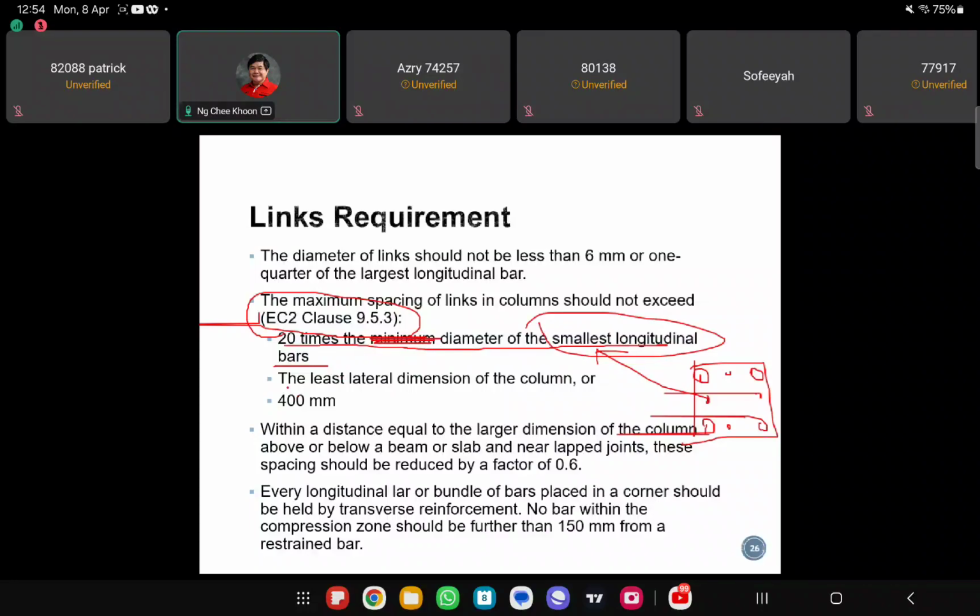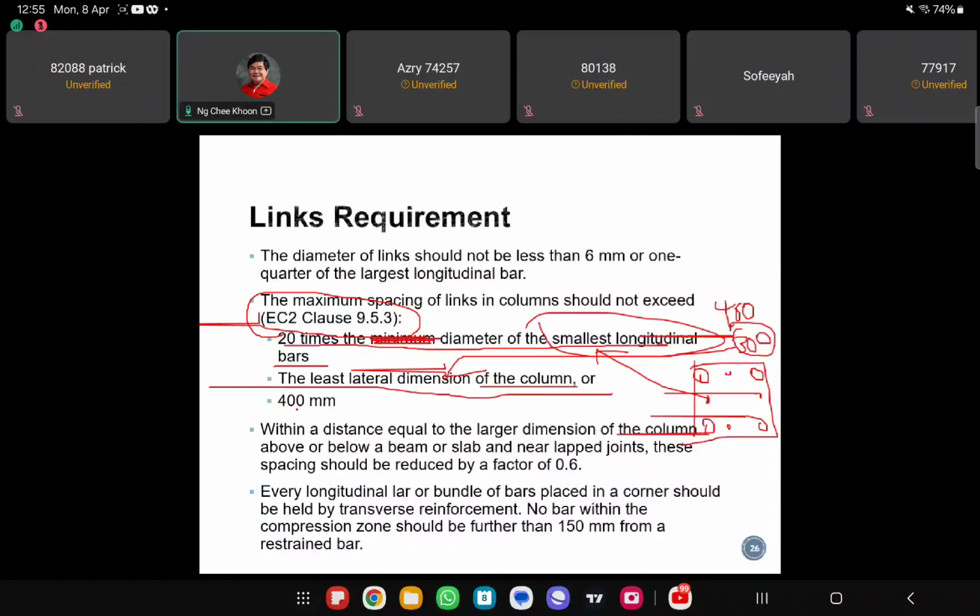Okay, and then the least lateral dimension of the column, right? Just now, in the example, we have a column 400 by 300. So we must use the 300 mm as the least lateral dimension of the column.